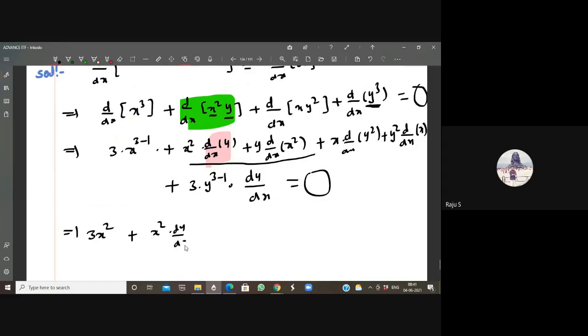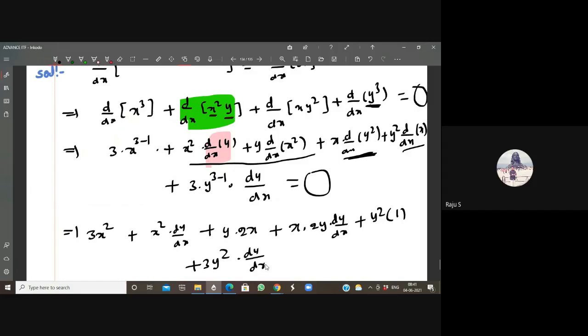This is dy by dx plus y into d by dx of x square, which is clearly 2x, plus x into the derivative of y square, which is 2y again dy by dx, plus y square into d by dx of x, which is 1, plus here 3y square into dy by dx is equal to 0.